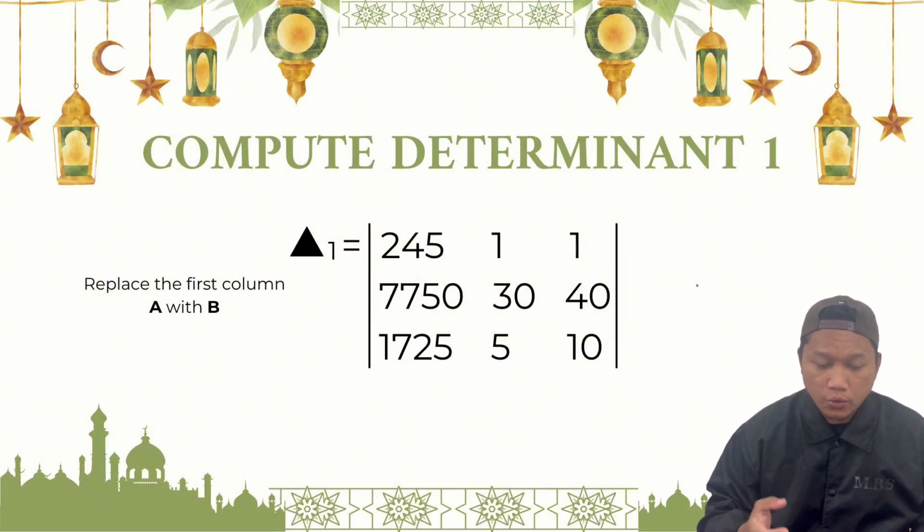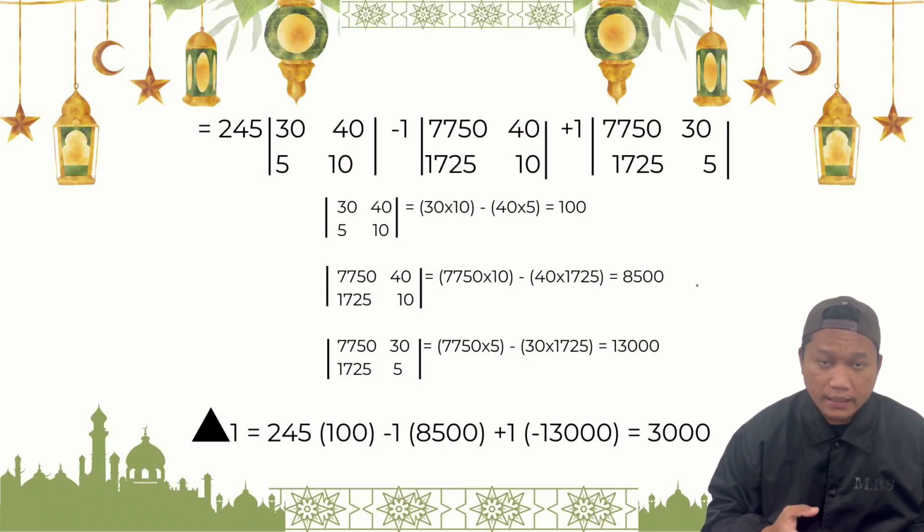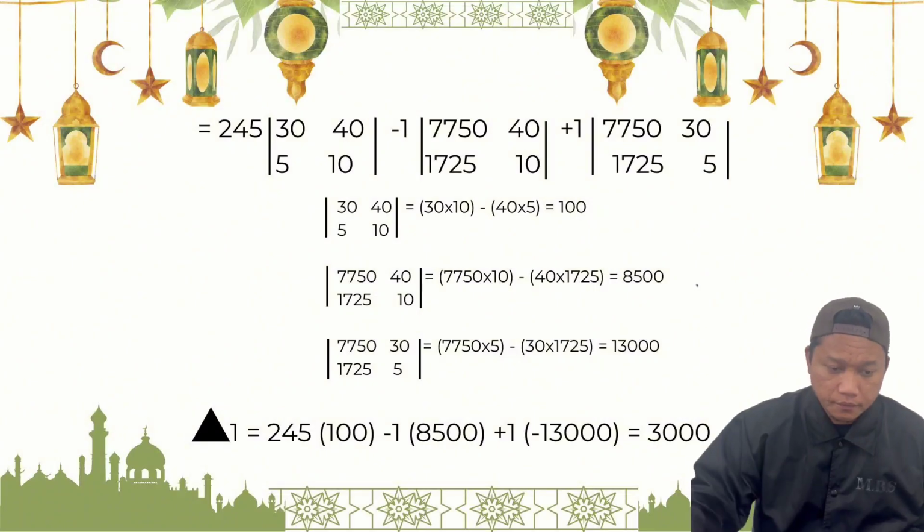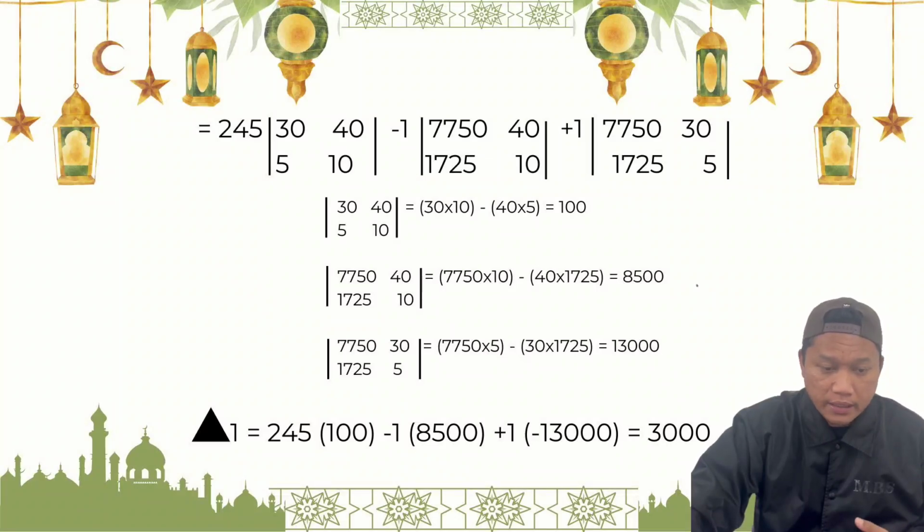Determinant 1 equals 245 times [30, 40; 5, 10] minus 1 times [7,750, 40; 1,725, 10] plus 1 times [7,750, 30; 1,725, 5]. Now we calculate the 2 times 2 determinants.